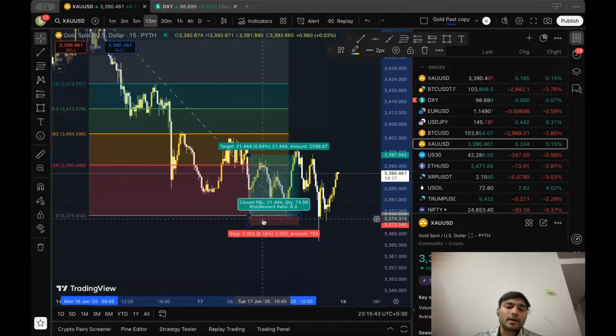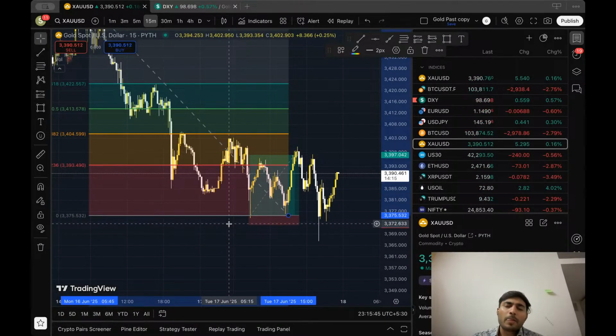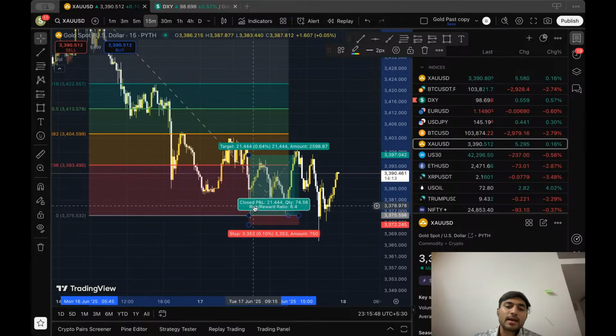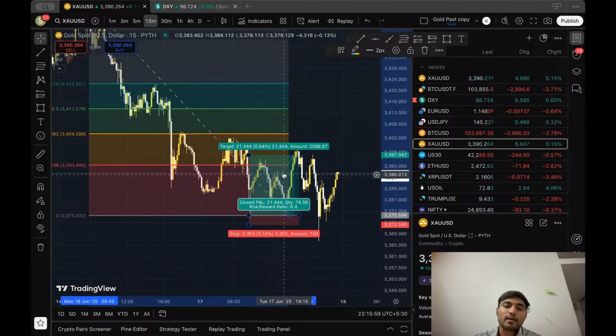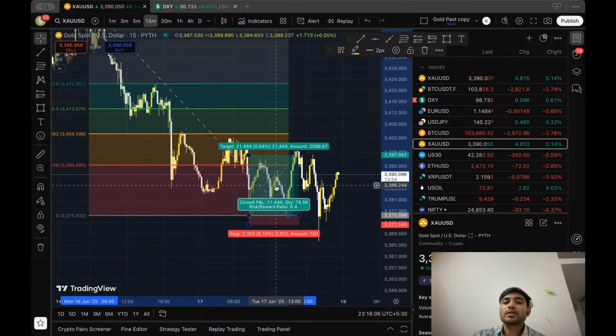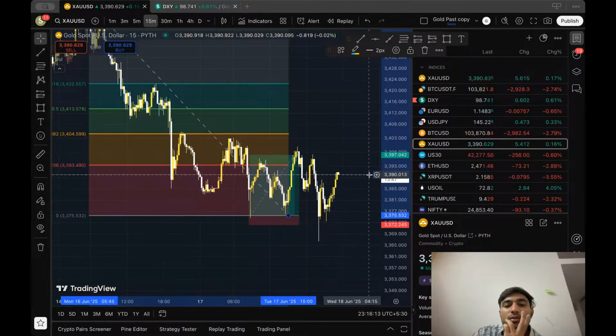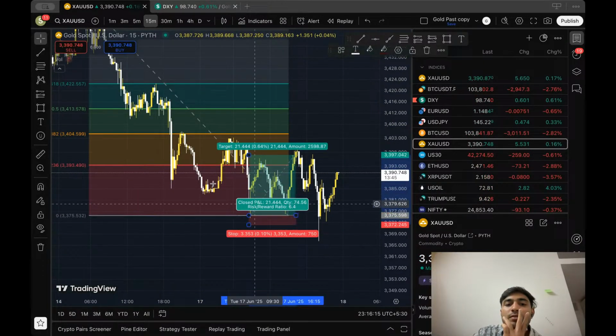If somebody is taking this trade and is risk free, and they have good confidence about this trade, they could have added quantity here and their TP would have been hit. That's a good way to look at it. Yeah, that was a good trade.